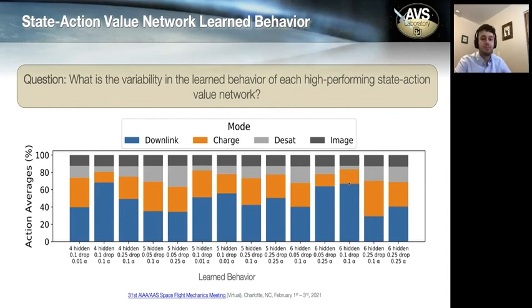So some agents spend only 30% of the time downlinking and achieve 95% downlink utilization. Other agents spend 95% of the time doing this to achieve the same downlink utilization. So learned behavior varies greatly across the agents, and I think this speaks to the problem complexity a little bit. We could probably push it a little bit harder such that fewer networks perform well.